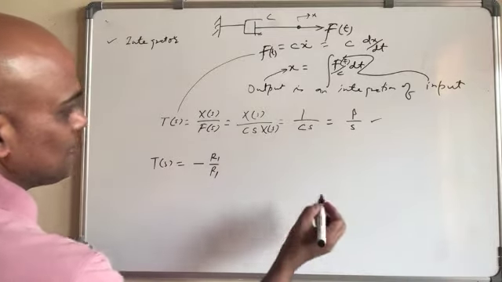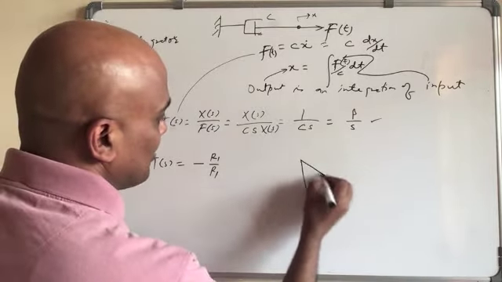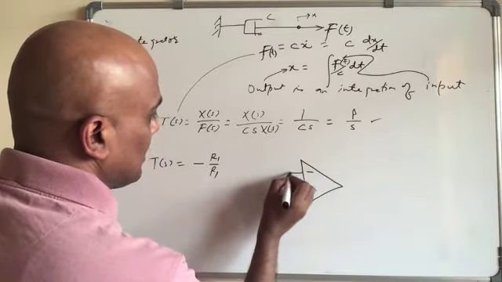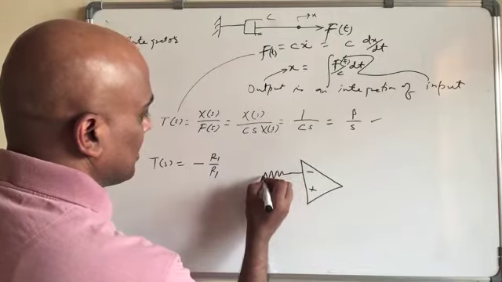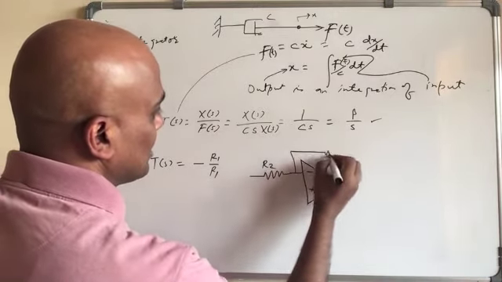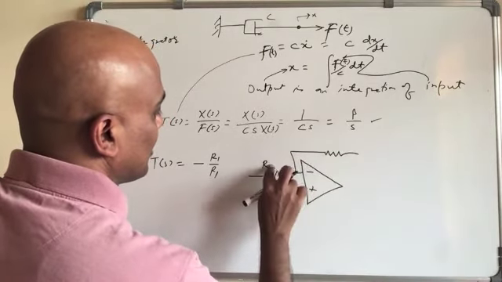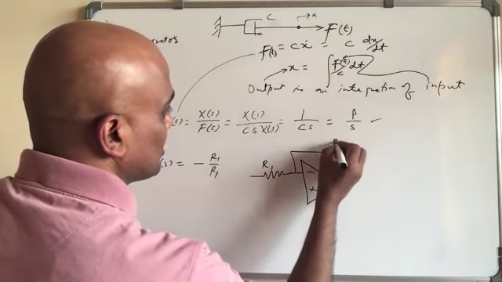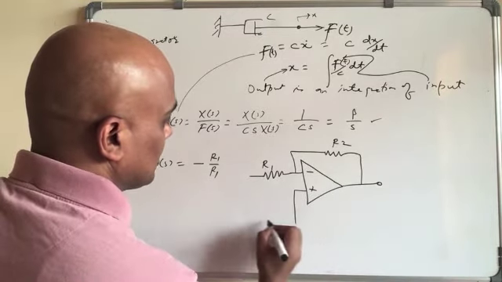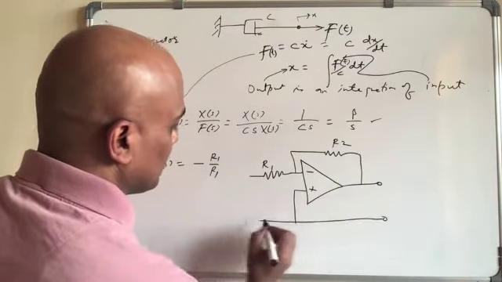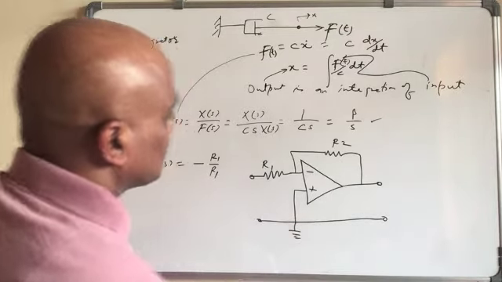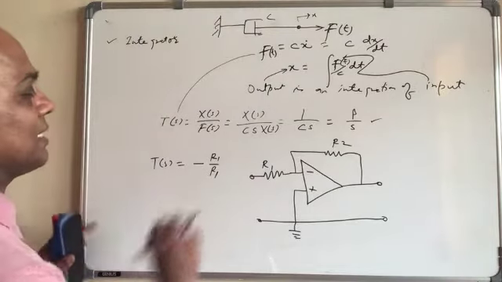Okay, and if we have like this, so this is minus, plus, and then we have a resistance here, R1, and this is R2, connected here, and then this was like this, right? Okay, in this case it is like this.